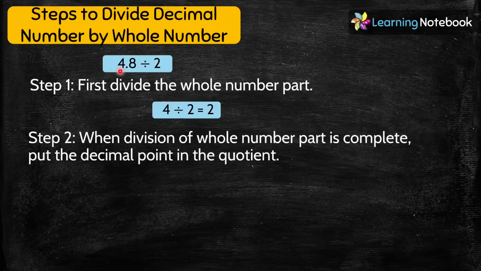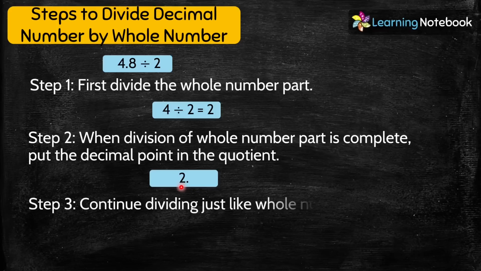Now in step 2, when division of whole number part is complete, put a decimal point in the quotient. So we got the quotient as 2. So let's put a decimal point after this. So we get 2 point. Now in step 3, continue dividing just like whole numbers.